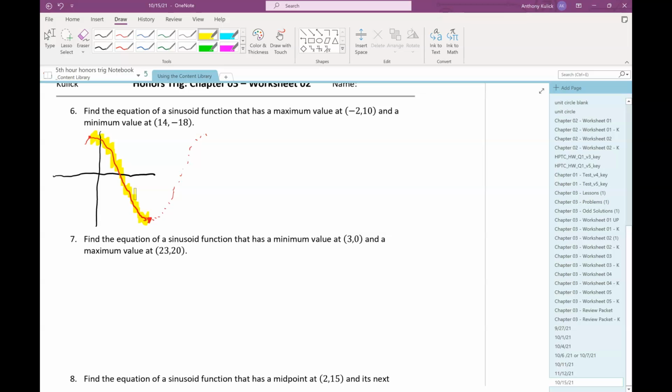You agree? Okay, so I can say one half of a period is going to equal the horizontal distance from negative 2 to positive 14. So 16 units, right? Is that okay? That's where I get lost.